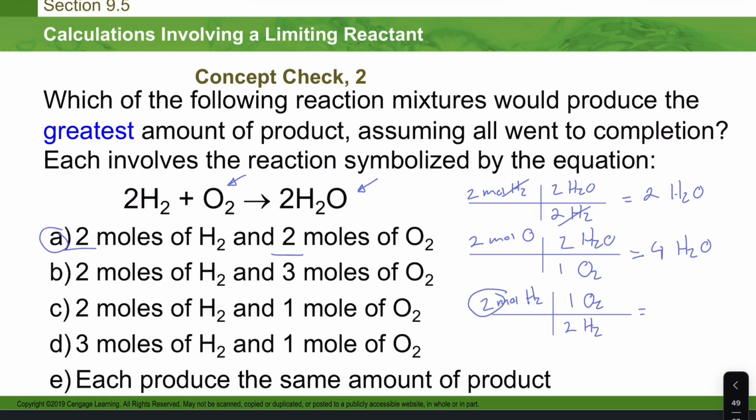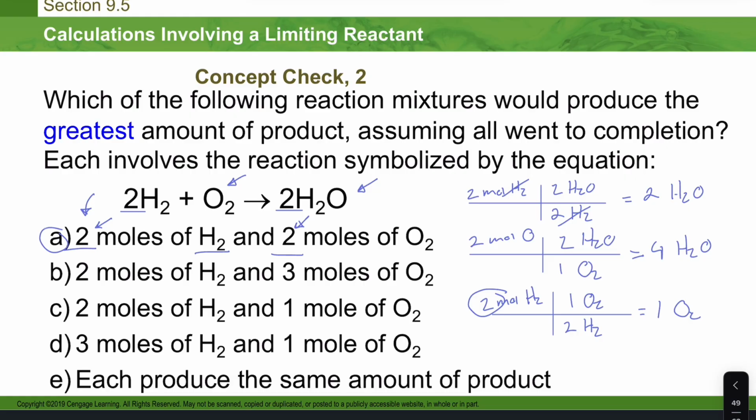I would need 1 O2. So, because this and this are not a 2-to-1 ratio, I know right off the bat H2 is going to be my limiting reagent. I also know that the H2 and H2O have the same coefficient. So, however much H2 I will be making, as long as this is my limiting reagent, I will be making the same number of moles of water.